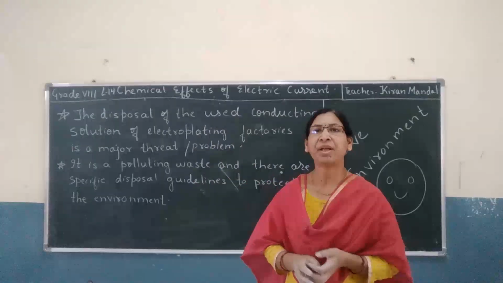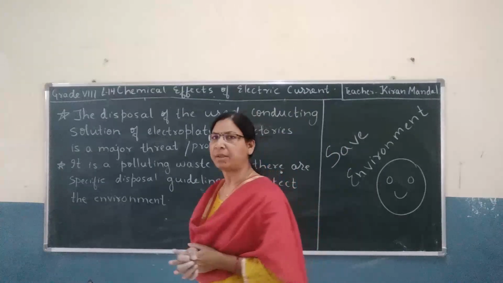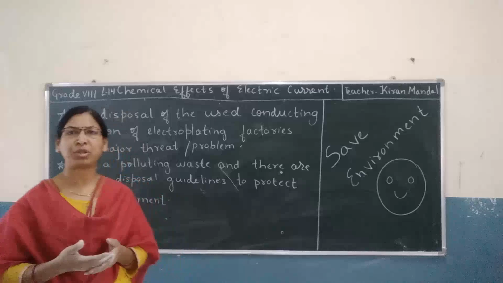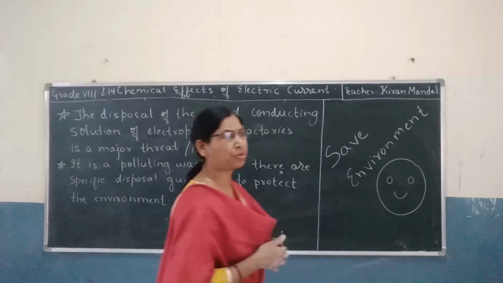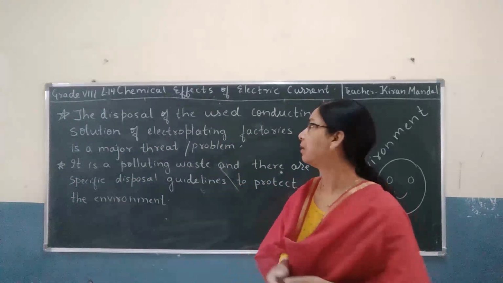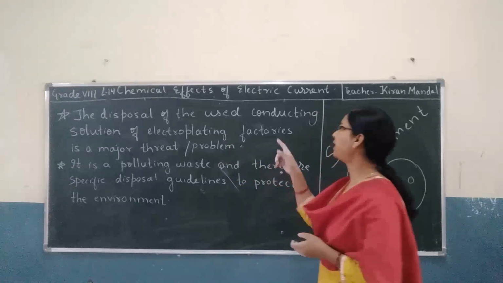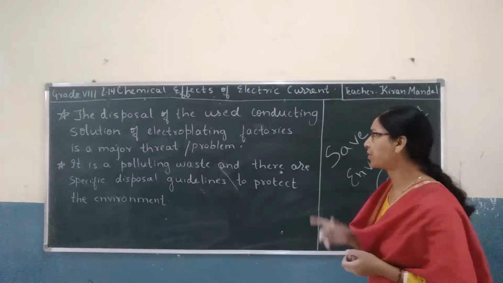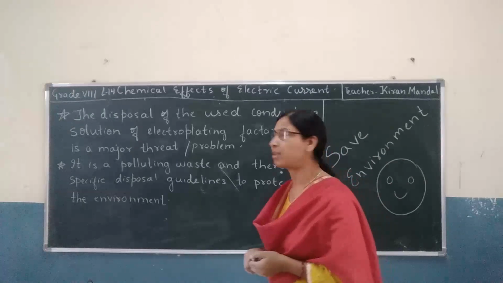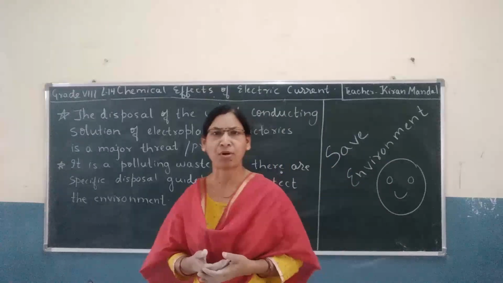Dear children, we have learned about electroplating, but do you know where to dispose the solution which is used during the process of electroplating? The disposal of the used conducting solution of electroplating factories is a major threat or problem for all of us.